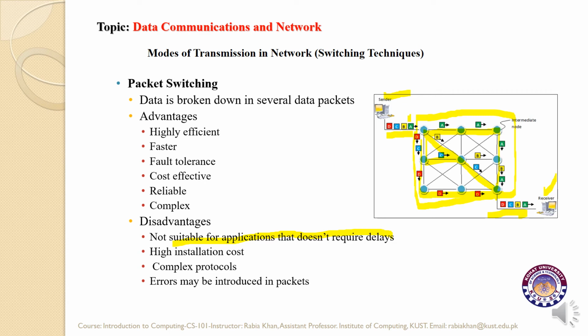Security exists only if there is a dedicated path between the sender and receiver. So whatever is sent may not be properly understood by the receiver, and the receiver then asks for resending of the packets in which errors were introduced.